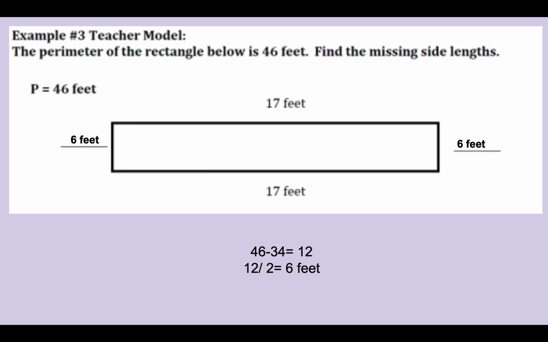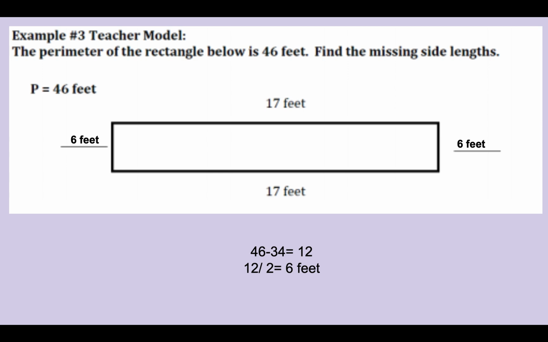So we are missing a total side length of 12 feet. But 12 isn't the side length for each of the 2 sides because that would make the distance around the figure 58 feet. But remember, our perimeter is 46 feet. So with that being said, 12 feet has to get shared between the 2 sides.